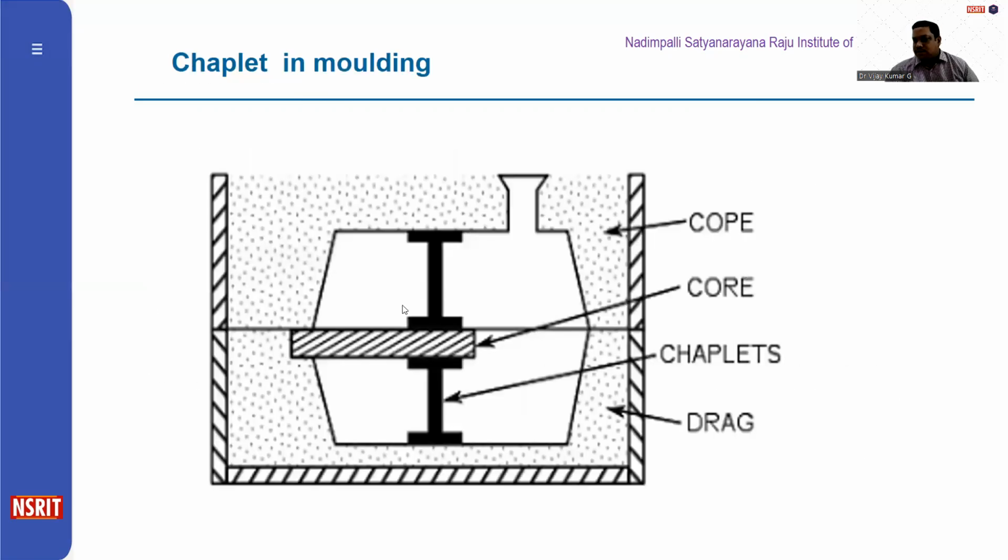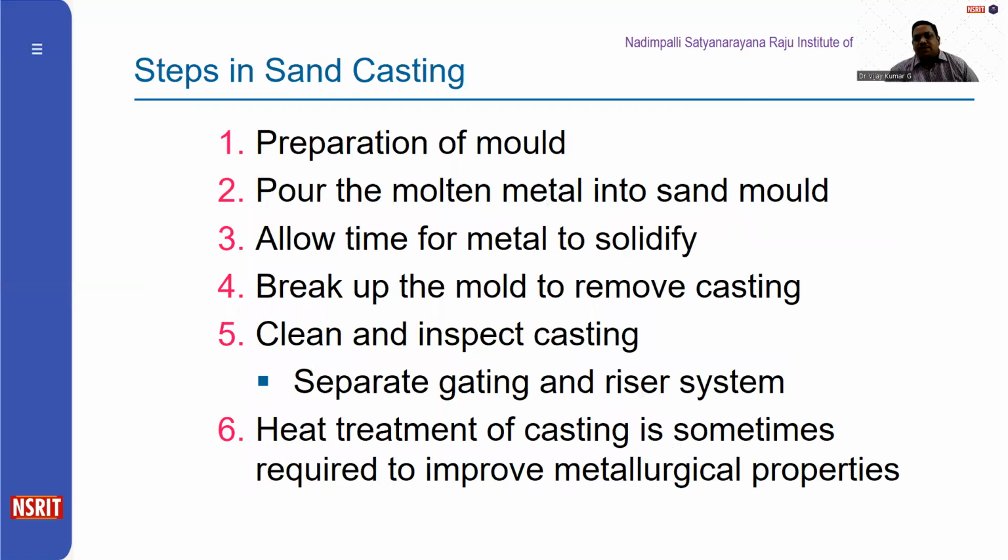So these are some of the terminologies, and this is cope, this is drag, and what is meant by core you can see here, and how the core is supported by chaplets is also illustrated in this diagram.